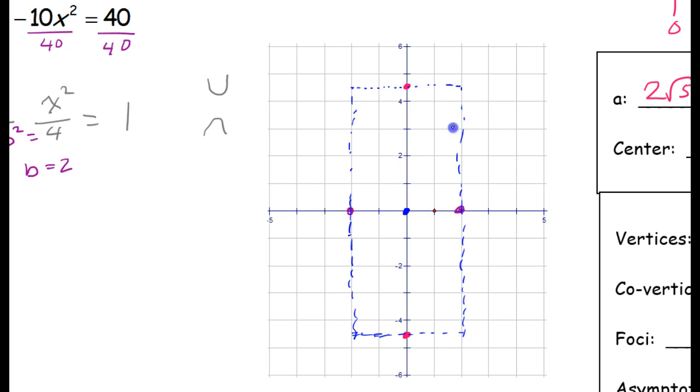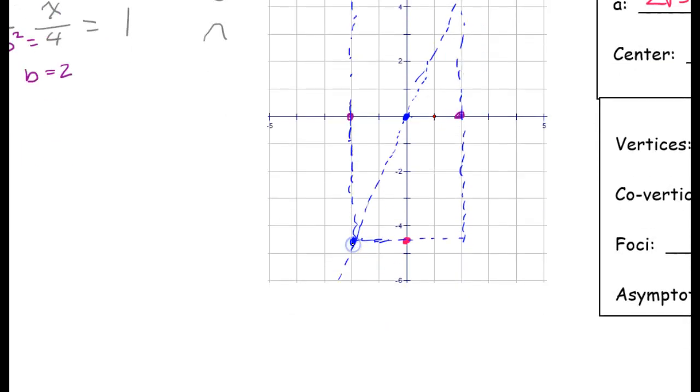The asymptotes will pass right through the diagonals of the rectangle. So I can tell that I'm going to have an asymptote that goes like this. And I will have another asymptote that goes like this.